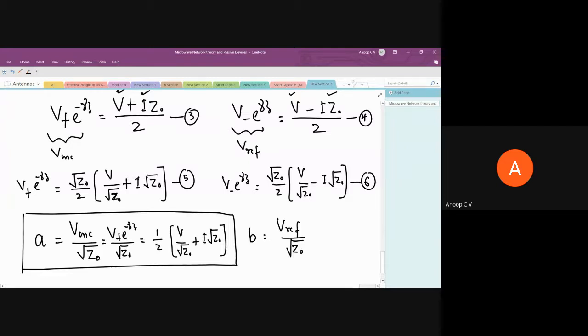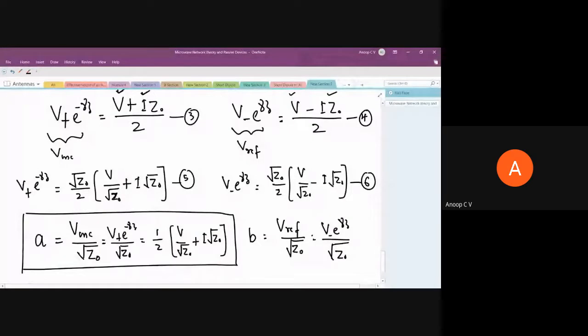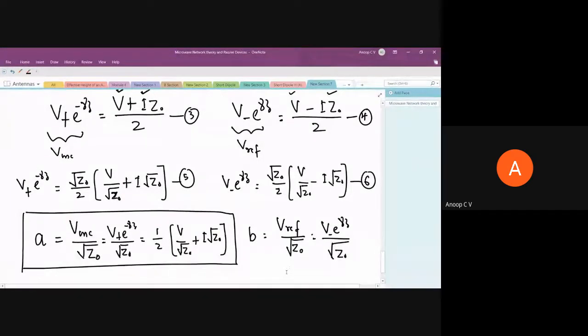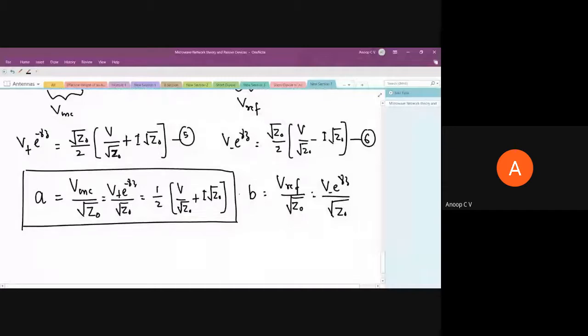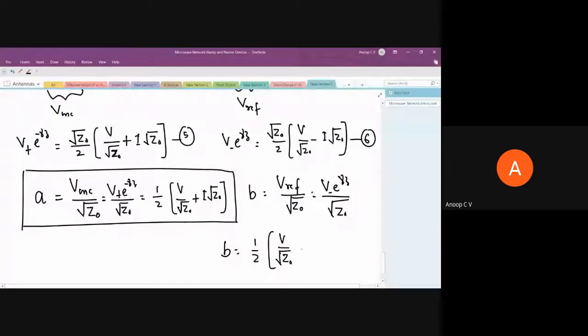V reflected divided by root Z naught, that is V minus e power gamma Z divided by root Z naught, and that will be equal to B is equal to 1 by 2 times V by root Z naught minus I times root Z naught.